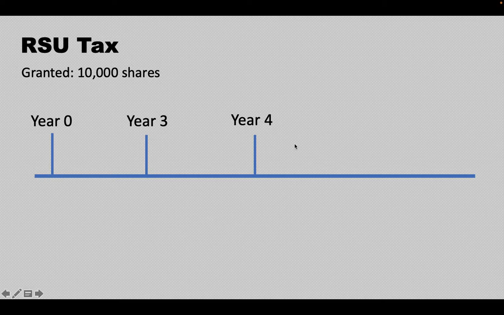Let's see the entire situation. Say at year 0, Adam was granted 10,000 shares, at that time $100 per share. Year 3, the 10,000 shares were fully vested, and at that time the share price is $300 per share.